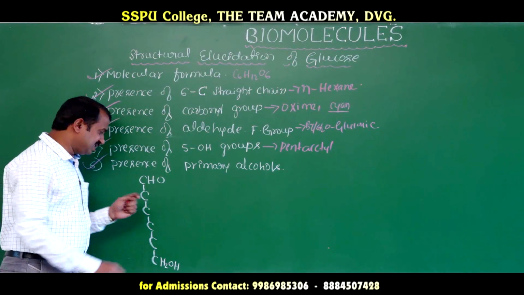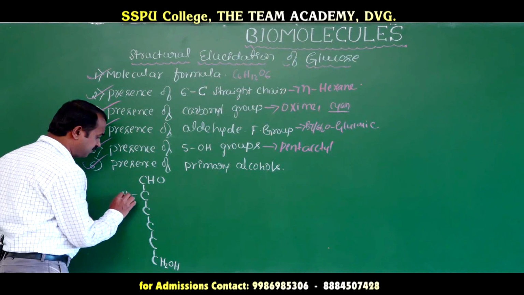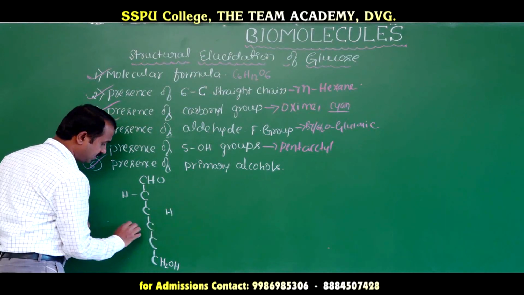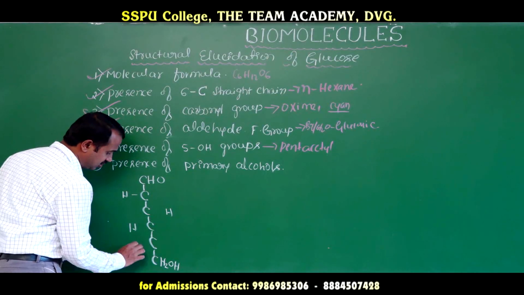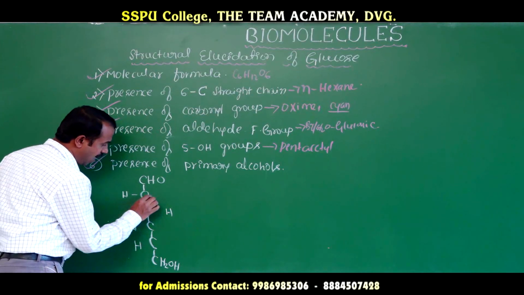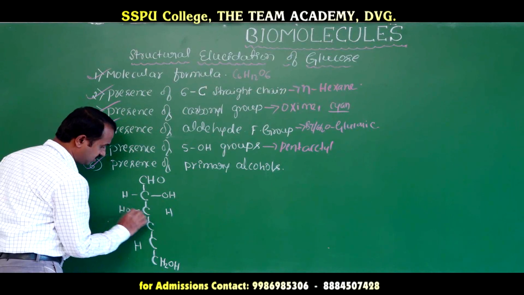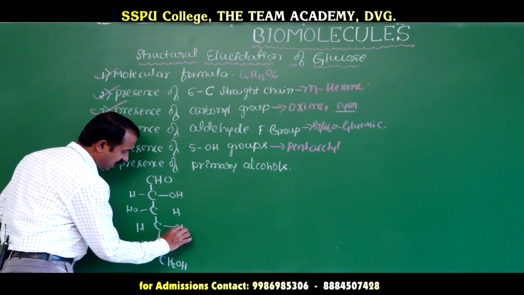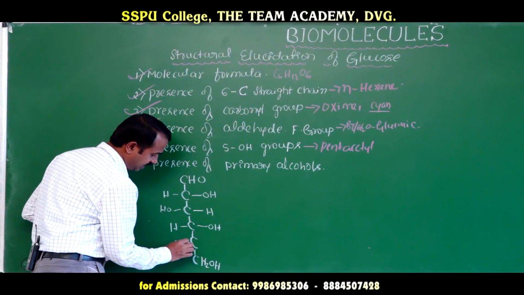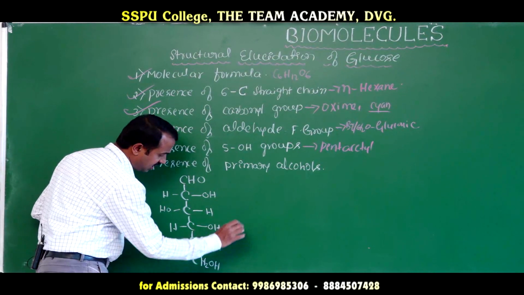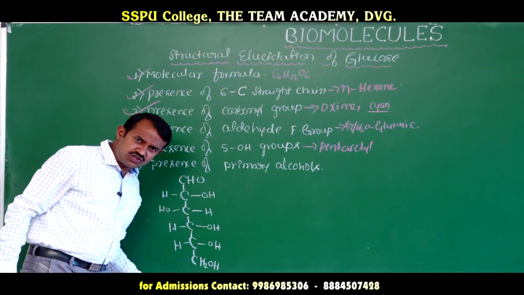We already discussed this. Hydrogen you write on the left, right, left and left, and the opposite side has the hydroxyl groups. This is the structure of glucose.